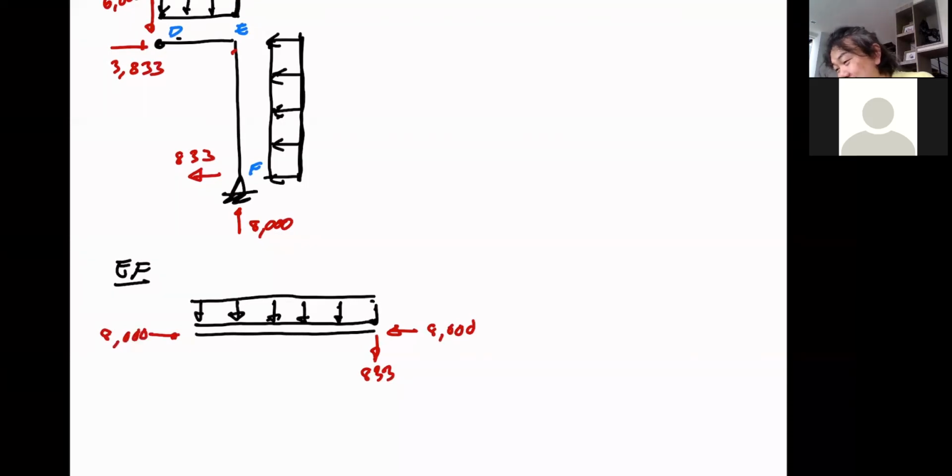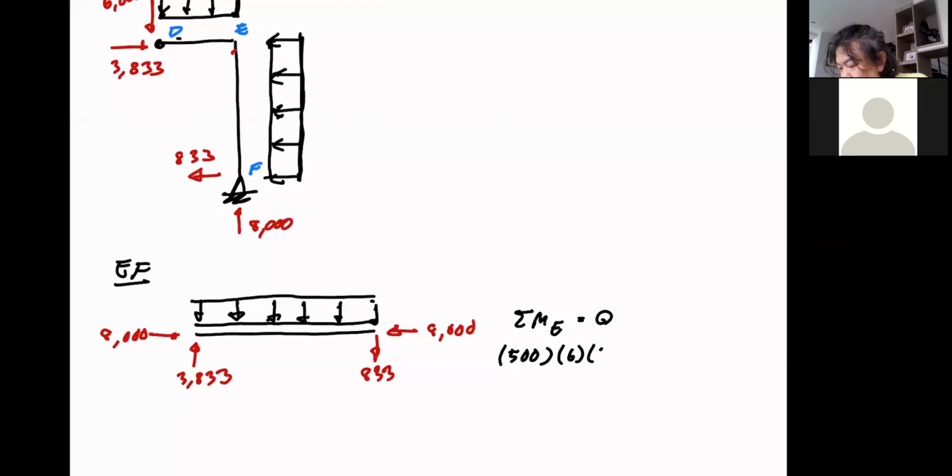Okay, and I have 3833. So we can say sigma ME equal to 0. And it should be pleasing enough because everything is going clockwise. So we now have the load of 500, that's your uniform load multiplied by the length of 6.